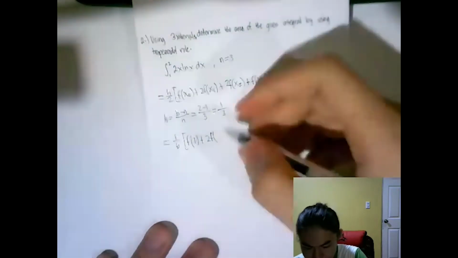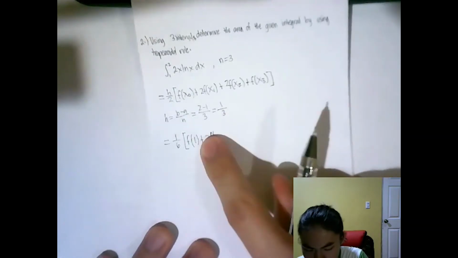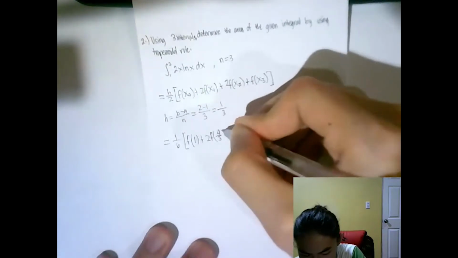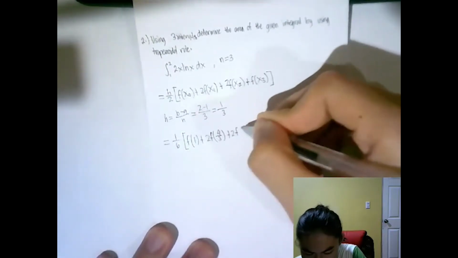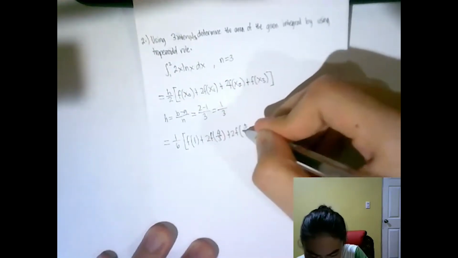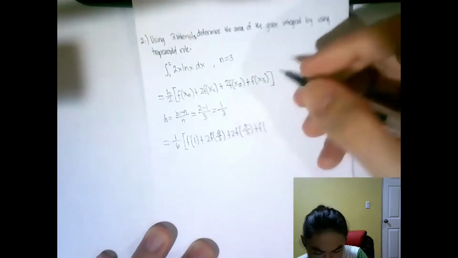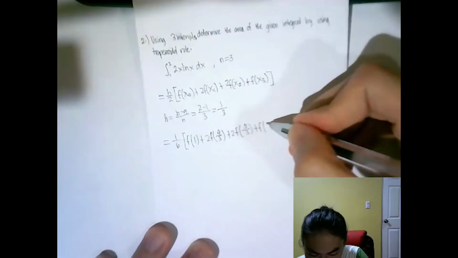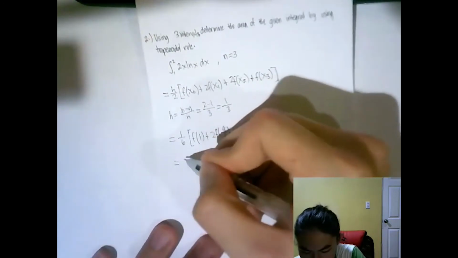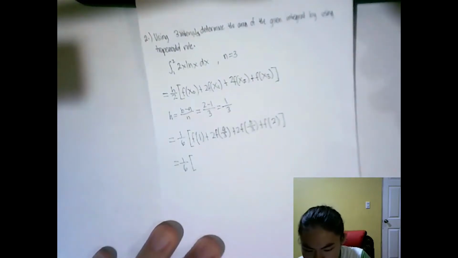So, since ang ating lower limit is 1, our value here will be 1 plus 2f times, so h or 1/3 plus 1 is equal to 4 over 3 plus 2f 1/3 plus 4 over 3 is 5 over 3. And for the last term, we have the upper limit or our b, which is 2.